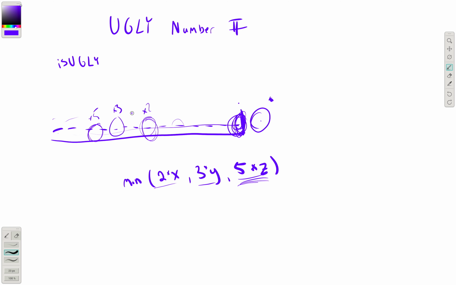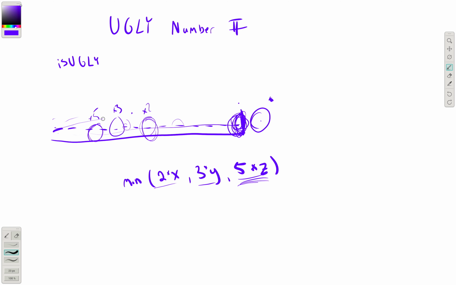Because if we already got over, we wouldn't want to continue checking, right? Because if we're already over this number, then the next number is going to be even more over it.